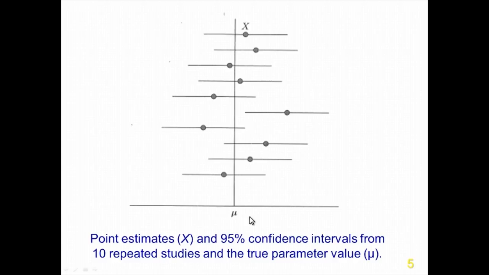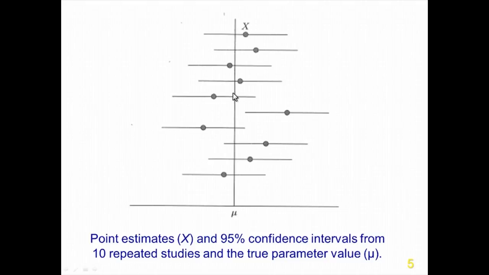So we can illustrate this as follows. This is only 10 results, but we could have 100. And so you can see, this is the truth. Mu, the Greek letter mu, represents the true value, the true relative risk in the population, which we don't know, of course. But we carry out a study. One of these studies represents our study that we carried out.